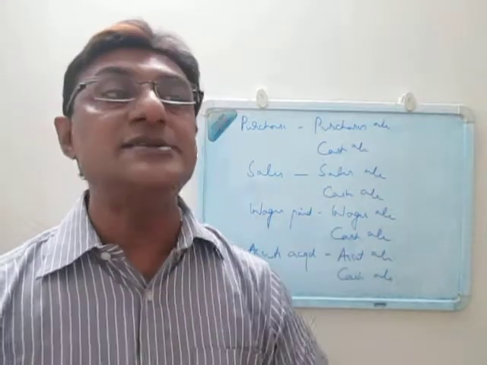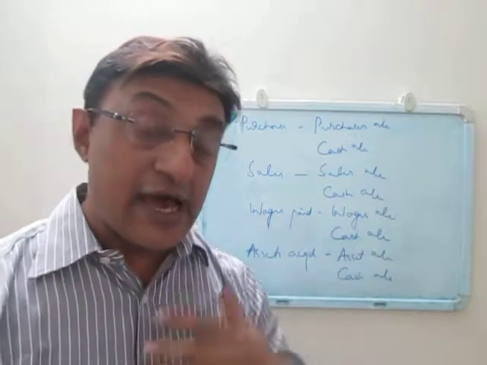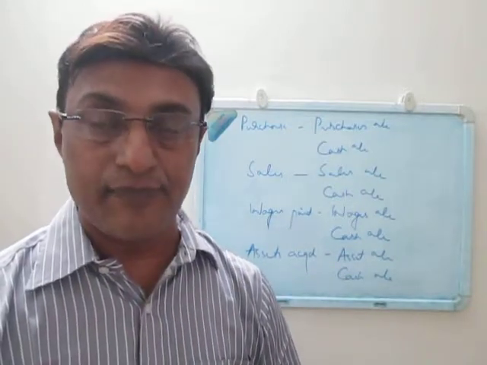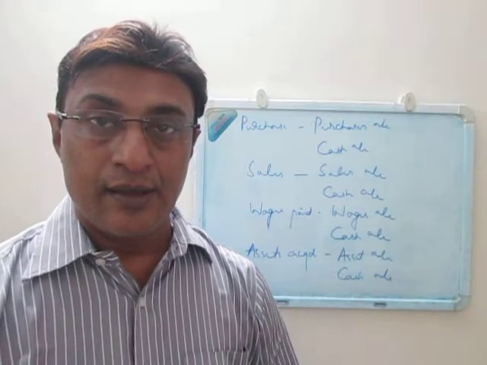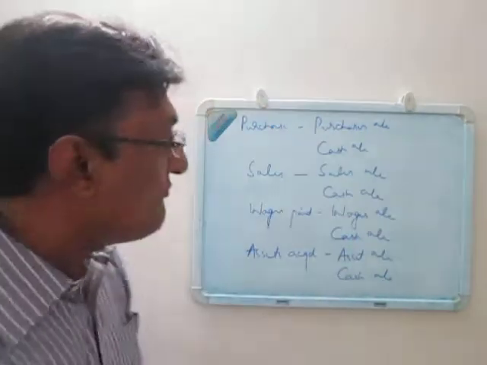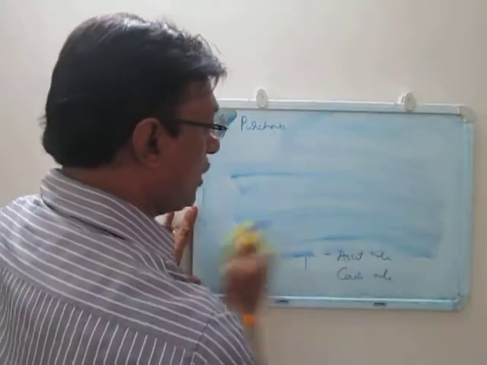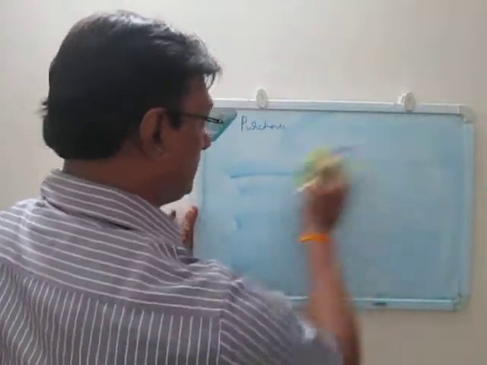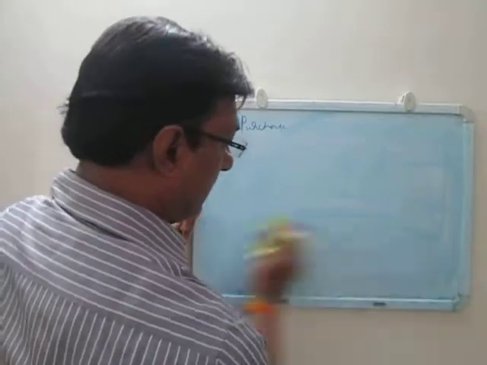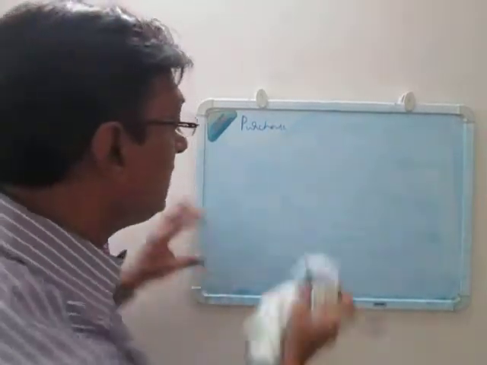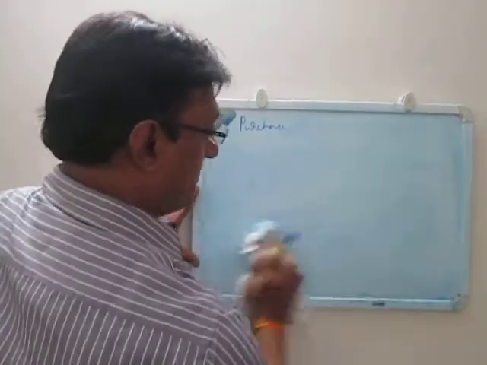Now, you need to understand the distinction between a cash and a credit transaction next. Let us take the example of a purchase of goods or stock in trade or inventory, consumables, anything which is to be transformed into its output for sale.